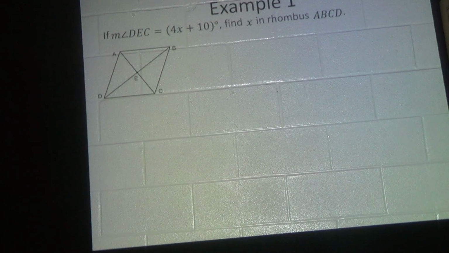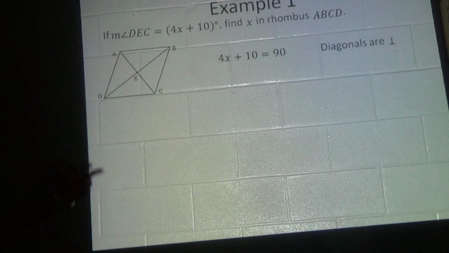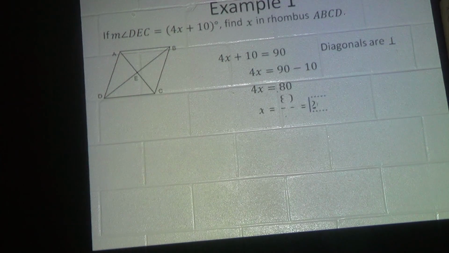So we set it up like this: 4x plus 10 equals 90. Subtract the 10 from both sides, and the reason we set this up this way is because the diagonals are perpendicular. That gives us 4x equals 90 minus 10, so 4x equals 80. So x is equal to 80 divided by 4, which is 20. So x in this case is 20.